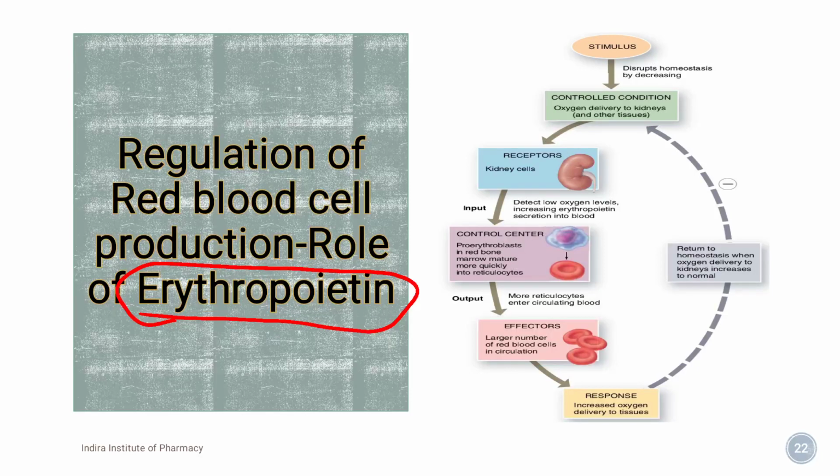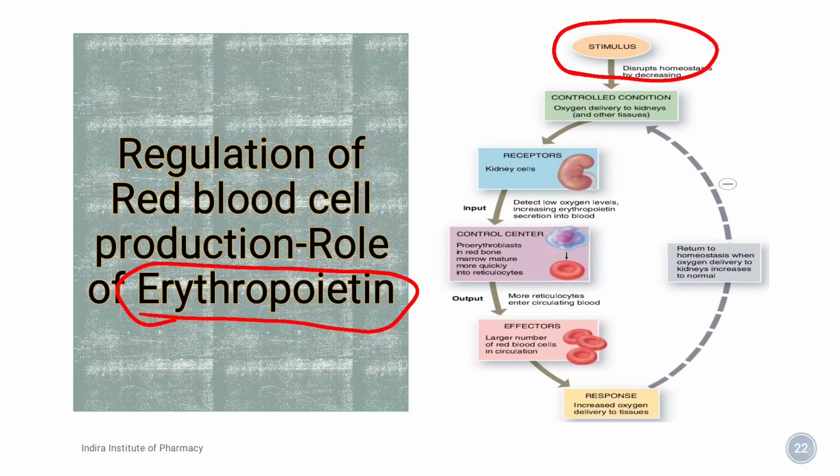Imagine a condition where there is heavy loss of blood during an accident or any injury. So the amount of red blood cells will also decrease. This is a stimulus, a disturbance in homeostasis.